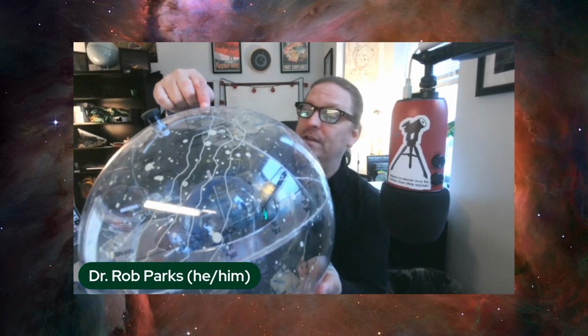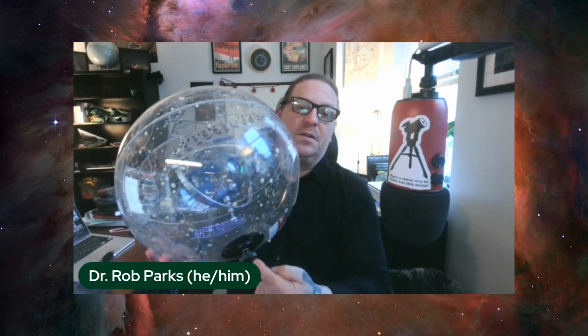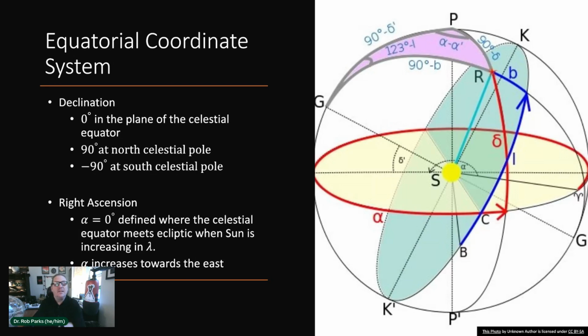If you took the North Geographic Pole and went straight up, and when it hit the celestial sphere, that point would be the North Celestial Pole, and then the same thing corresponds to the South Celestial Pole. So declination is defined as 0 along the plane of the celestial equator. It increases towards the north and is 90 degrees at the North Celestial Pole, and it is negative 90 degrees at the South Celestial Pole.